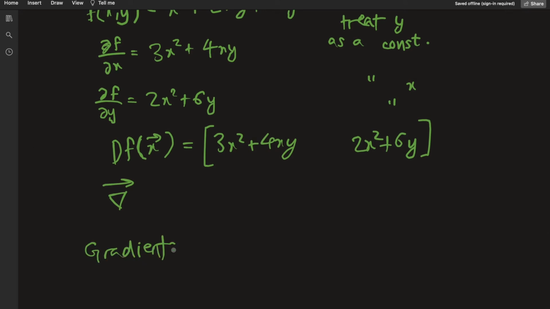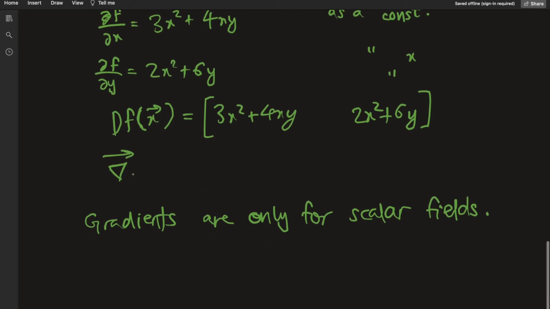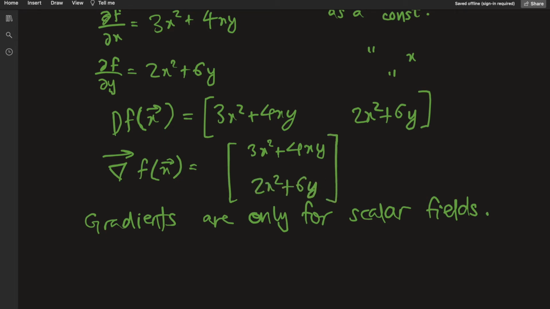Gradients, at least the way we're defining them now, are only for scalar fields. For vector fields, we're going to have a more complicated concept. It's not going to be a column vector. It's going to become a tensor, and we'll probably cover that in the future. So for the gradient in this case, just take all these and write them as a column vector. That's how easy this is.